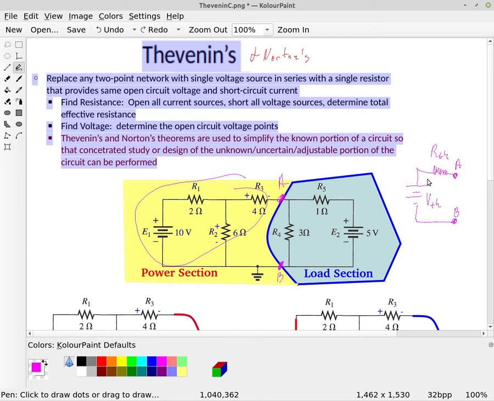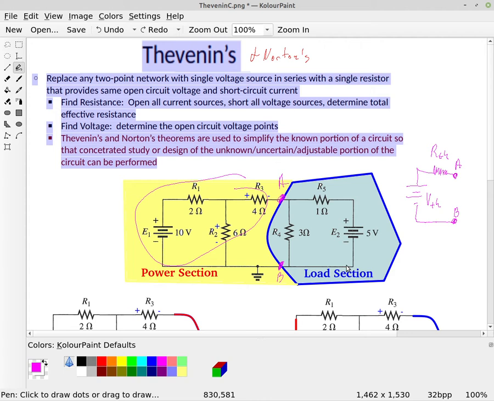And then once we do that, we'll be able to just remove the power section and connect up the Thevenin equivalent, and then we can work on designing or whatever we need to do at the load section, and we can not worry about all the complexity within the power section.